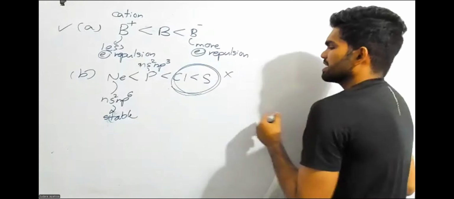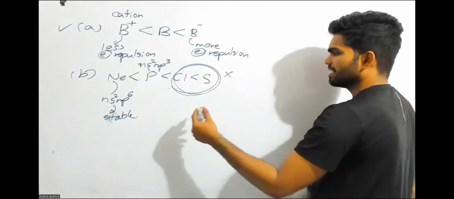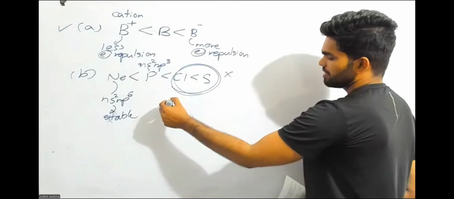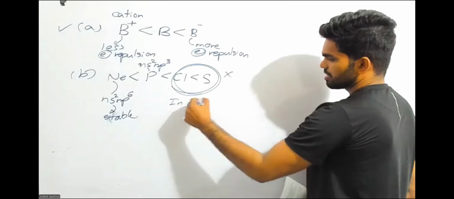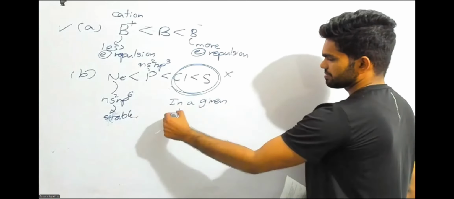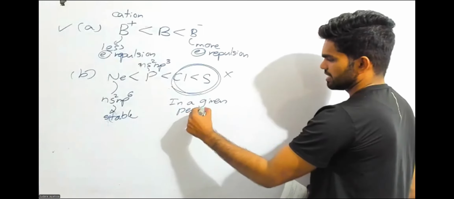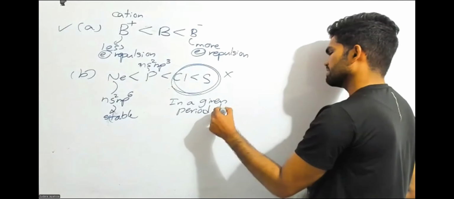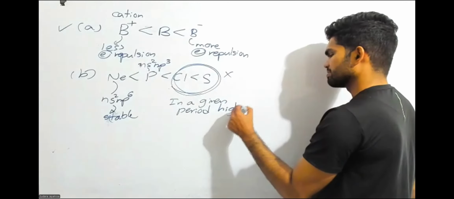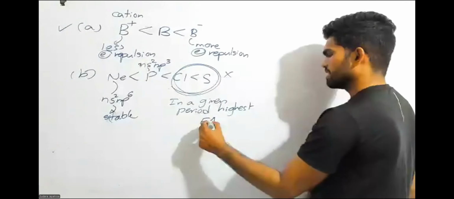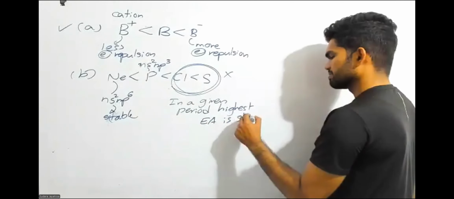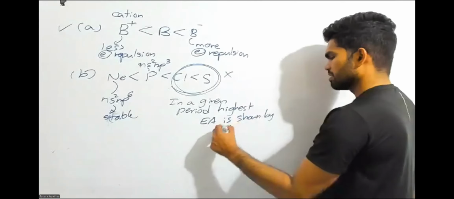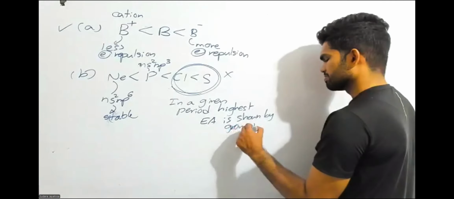Understand why? Because I said in the theory class, in a given period, the highest electron affinity is shown by the group 17 element. Because why?